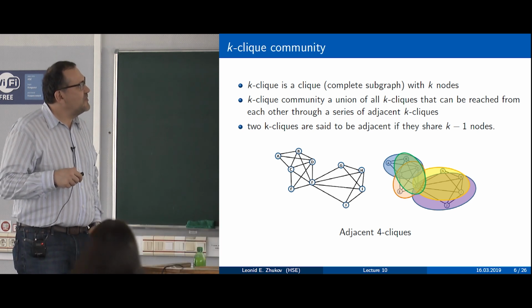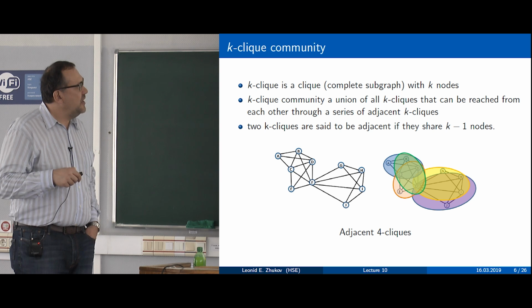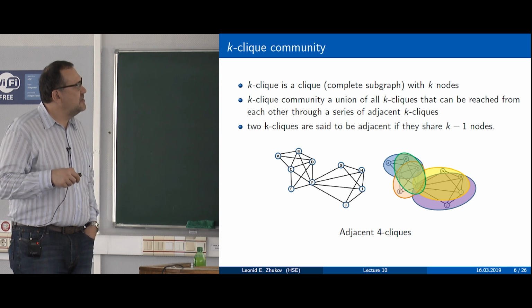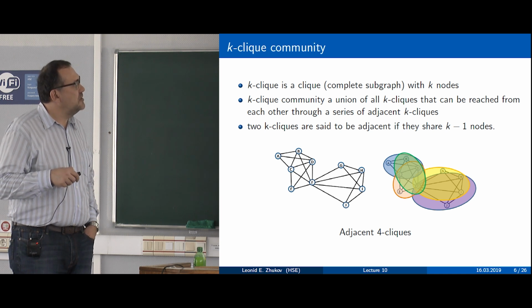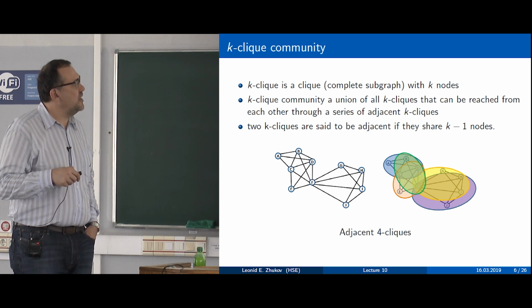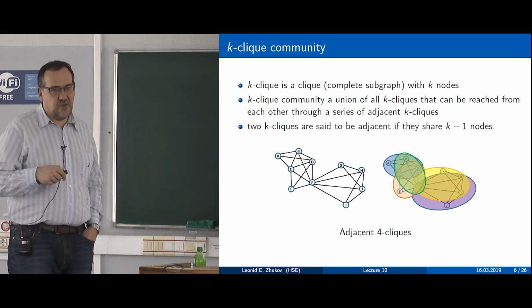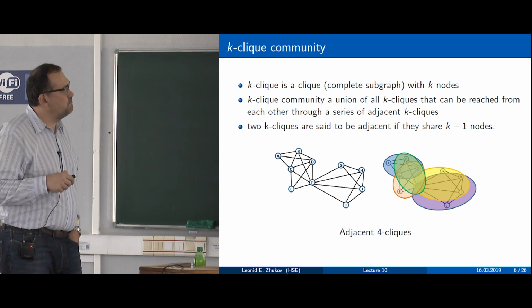So, if we have, for example, 2 triangles, let's say triangle CDB, this is a triangle here, and there is triangle CDF. They're triangles, so they're 3-cliques, and they overlap on 2 nodes. So they overlap on the edge. And so they will be called a 3-clique community union.